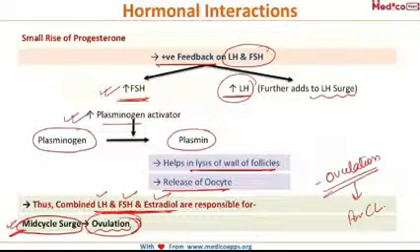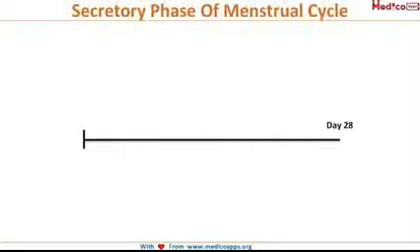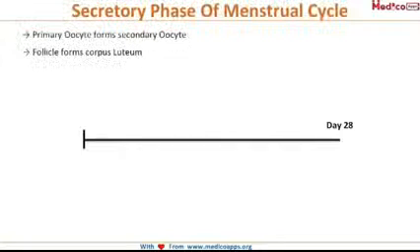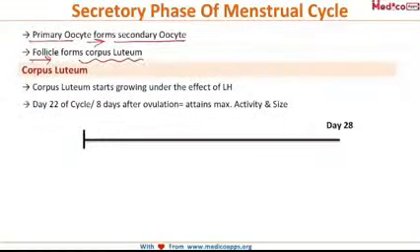So this completes ovulation, and now the next step is the formation of the corpus luteum. So let's move on to the formation of the corpus luteum. So after ovulation, what happens? I told you the primary oocyte is converted into secondary oocyte, and the follicle converts into the corpus luteum. Now this corpus luteum starts growing under the effect of LH.